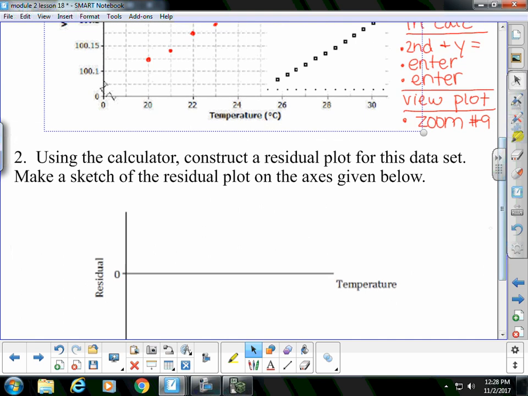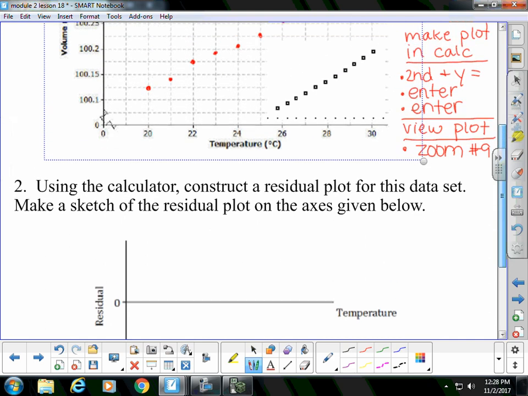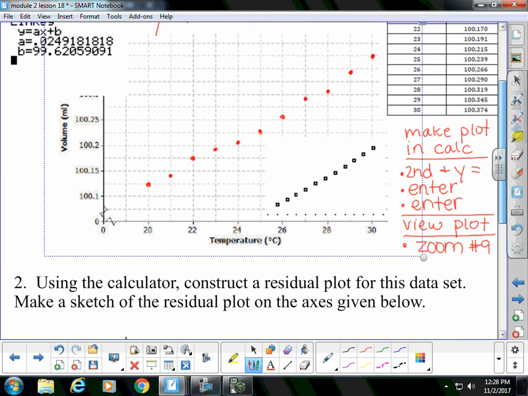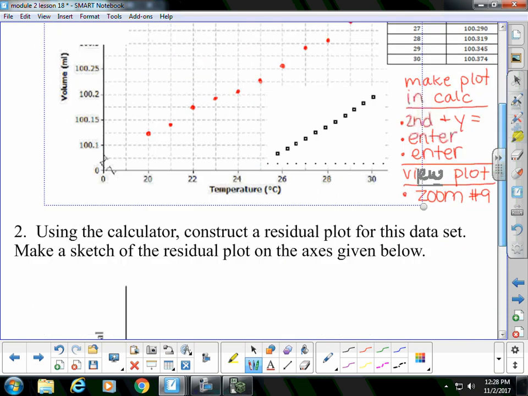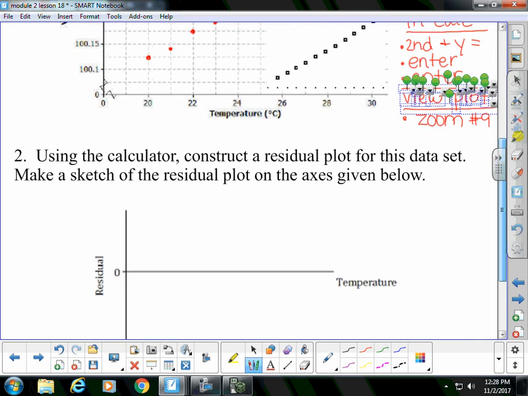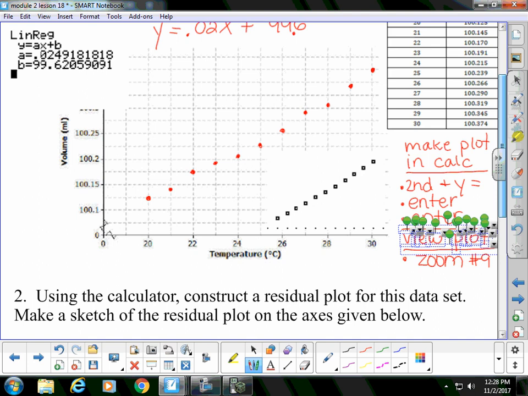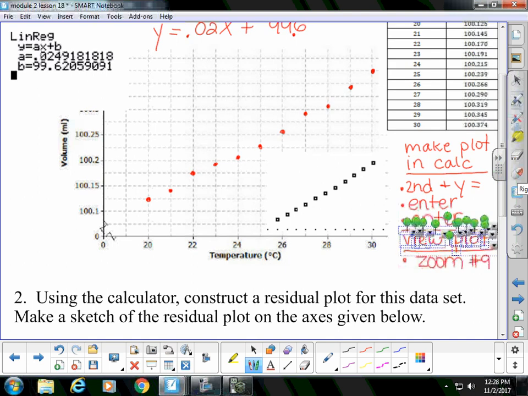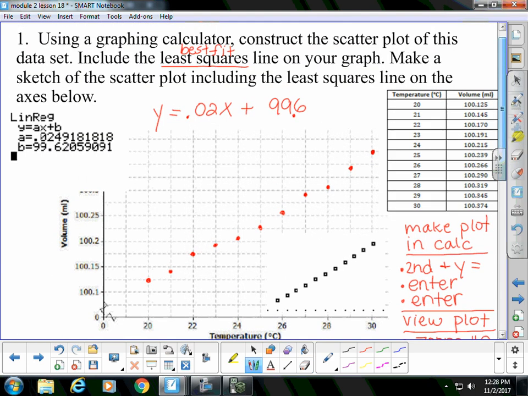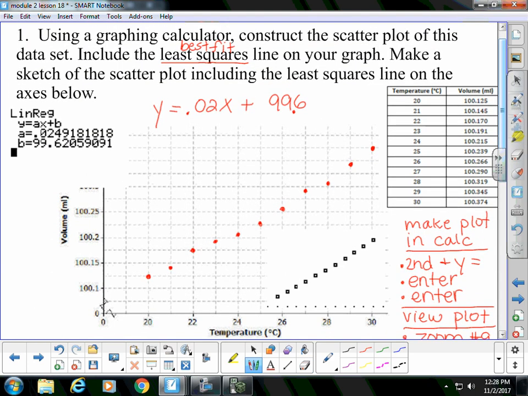Okay, now it says using your graphing calculator, construct a residual plot for this data. Okay, let's see. Well, let's find out what our residuals would be. So we're going to have to add on to our table here. We're going to have to find our residuals. We know what our actuals are. Okay, we've got our x.